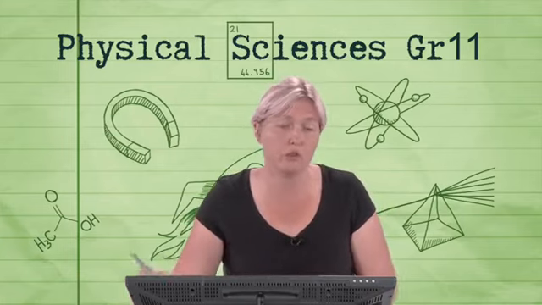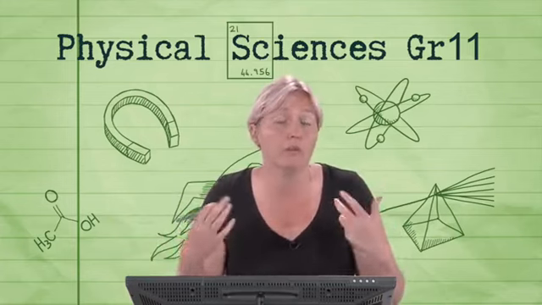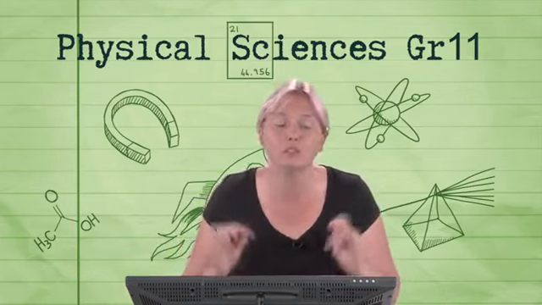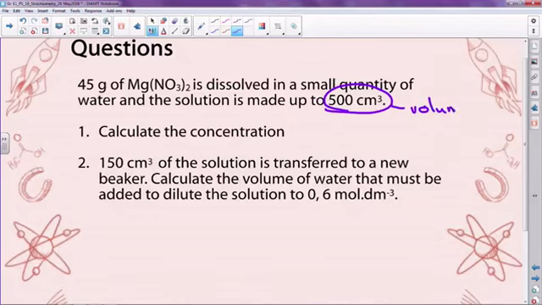This we're going to do, because we're going to go to an ad break again soon, but we're going to start this one and then we'll finish it after the ad break. This is one for you to do, okay? It's got everything added into it. 45 grams of magnesium nitrate is dissolved in a small quantity of water and the solution is made up to 500. Okay, so there's my final volume, right?